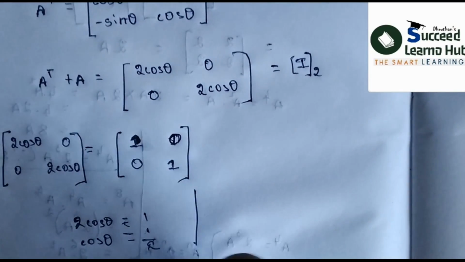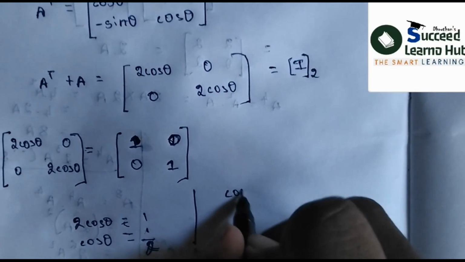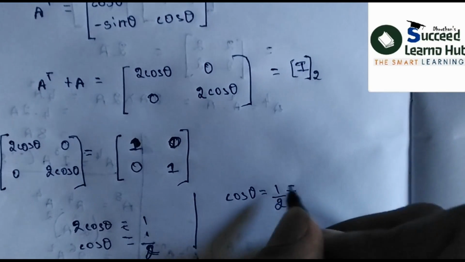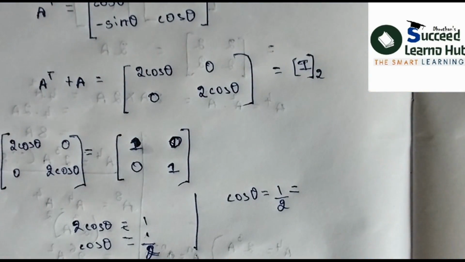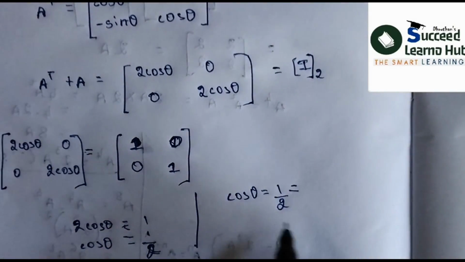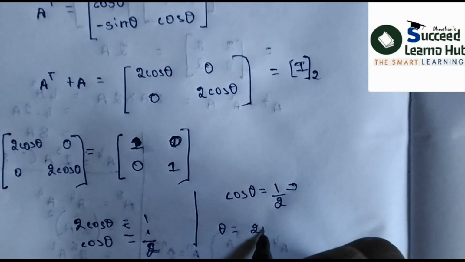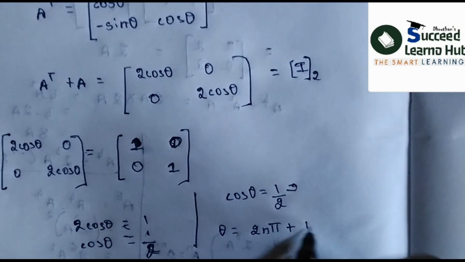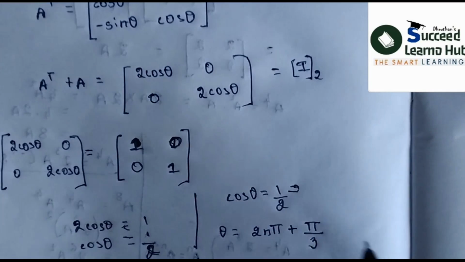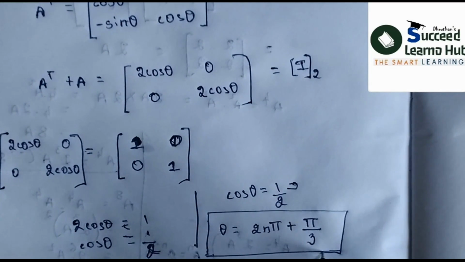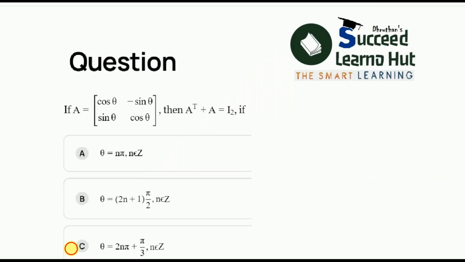Cos theta is equal to 1 by 2 when theta is equal to 2n pi plus pi by 3. So our answer is theta equals 2n pi plus pi by 3. So our answer is C.